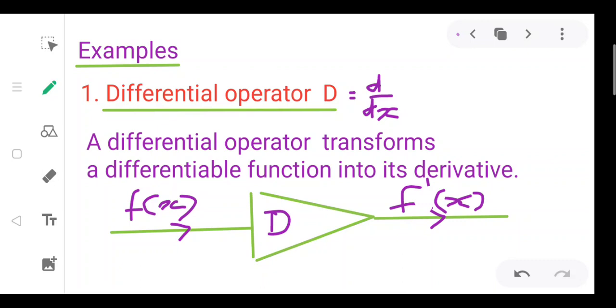A differential operator transforms a given differentiable function into its derivative. So, if f of x is the given differentiable function and capital D is the differential operator, then D of f of x means d by dx of f of x, that is f dash x. Here, the input function is f of x, the output function is f dash x. So, capital D transforms a given differentiable function into its derivative.